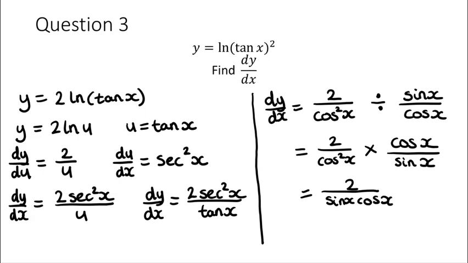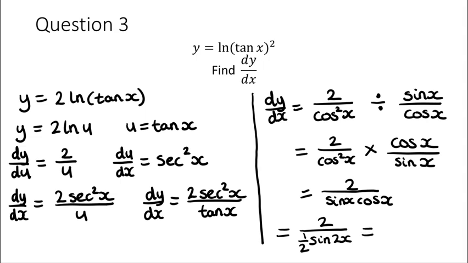Now, we don't have 2 sine x cos x, we just have 1 sine x cos x. So instead of this just becoming sine 2x, that's what it would be if there was 2 sine x cos x on the denominator here. I've only got half of that because the 2's not there, so that would just be a half sine 2x.